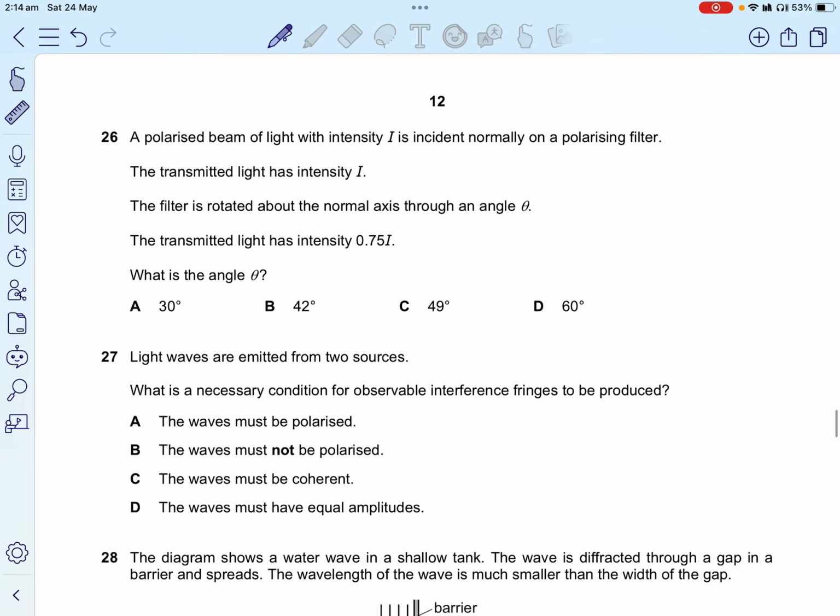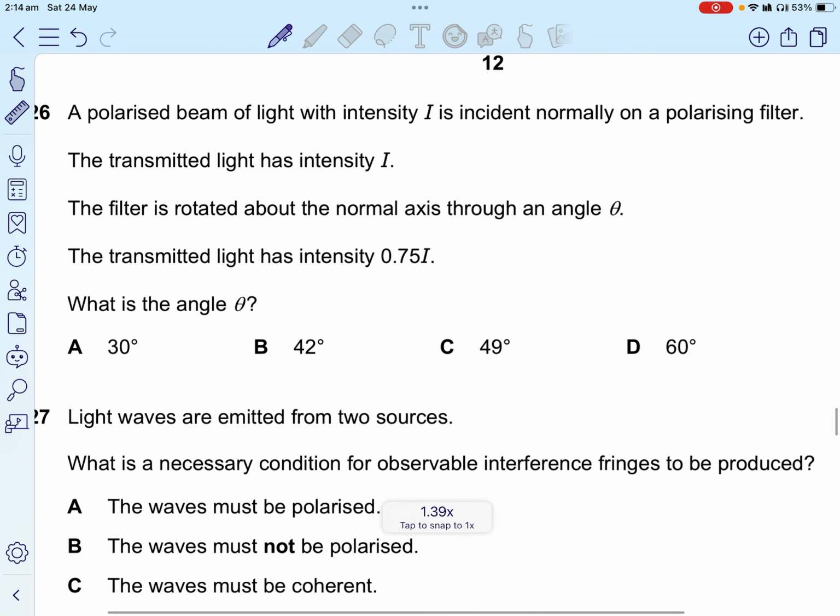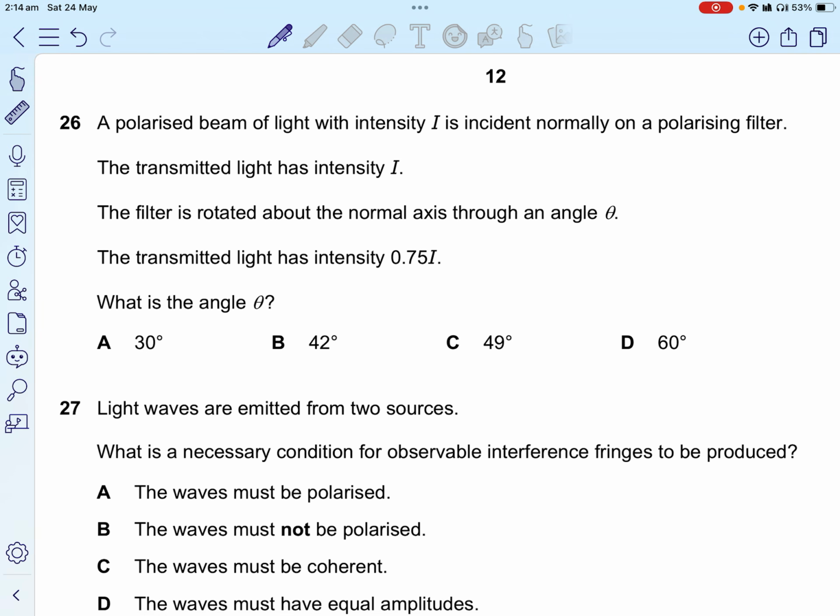Question number 26. A polarized beam of light with intensity of I is normally incident on the polarizing filter. The transmitted light has intensity I. The filter is rotated about the normal axis through an angle theta, and the transmitted light has an intensity of 0.75 I. What is the angle theta? Now we know that the final intensity of the transmitted light is equal to the original intensity times cos squared theta, right?